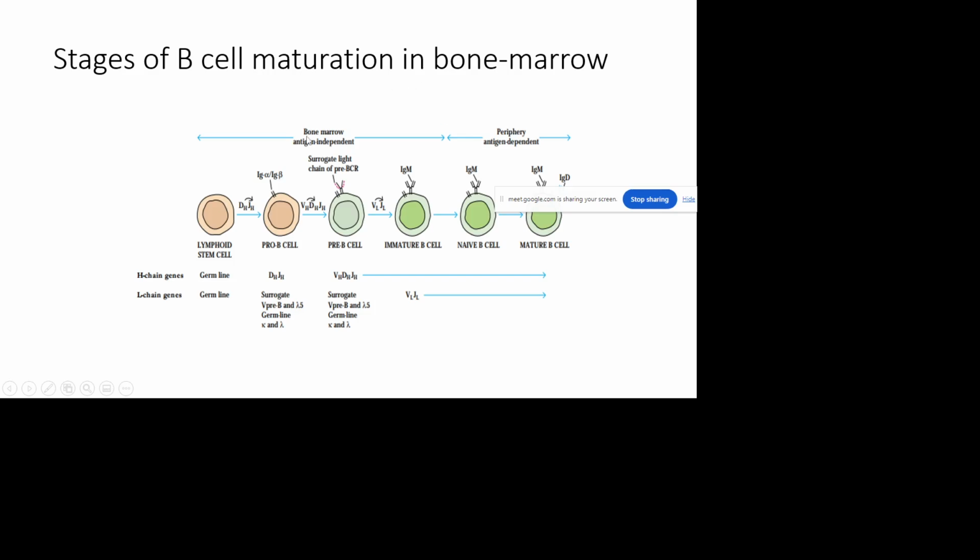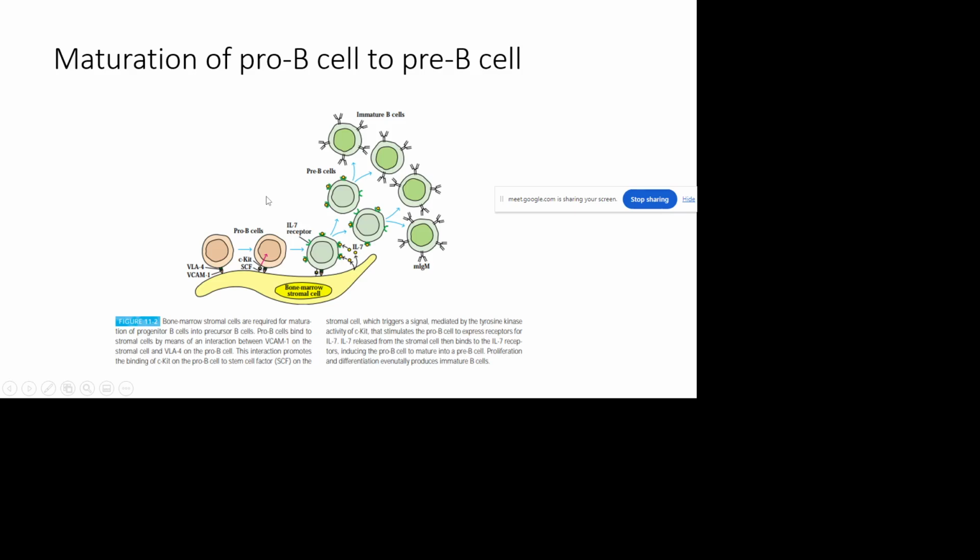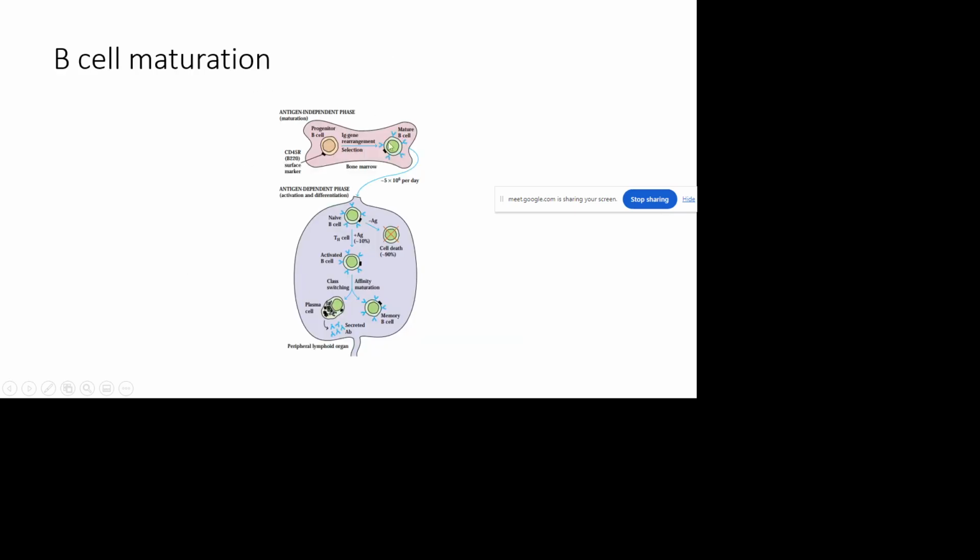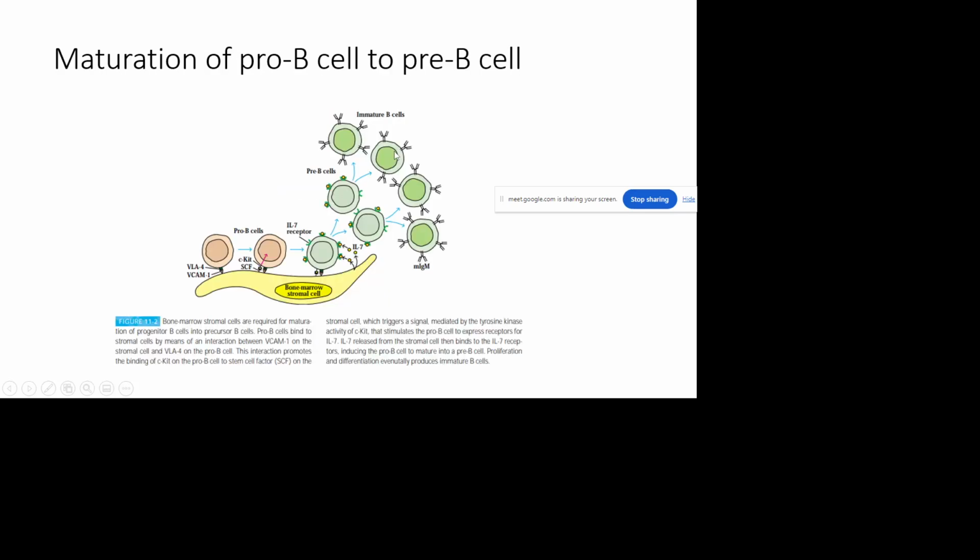So in bone marrow, what's happening? Lymphoid stem cell will undergo Ig gene rearrangement, which we actually saw here. So here you can see that the progenitor B cell after this gene rearrangement can be converted into the mature B cell in the bone marrow itself, and this is the process of proliferation to make immature B cell from pro B cell.